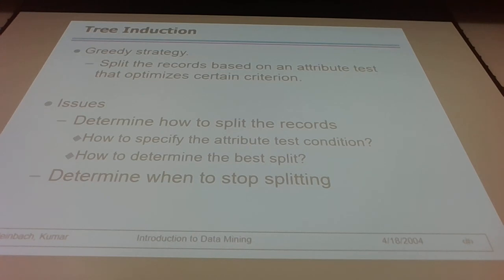We will talk about overfitting, underfitting, and generalization error a little bit later. So you have to determine when to stop splitting. You should not let the tree run forever. If you do, in the worst case you will end up with one leaf node per data point, and that is not optimal. So you have to determine a condition for when to stop splitting.